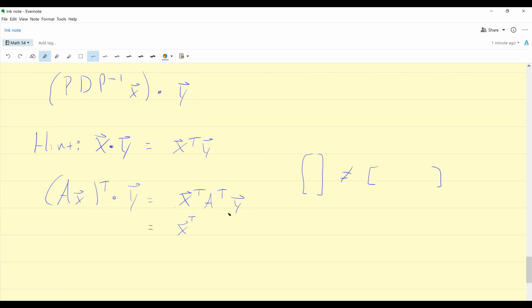But what do we start with A being here? What was the assumption that we made? Oh, it's a square matrix. Not just square, but it's symmetric. So we can replace this A transpose with A, since A is symmetric, A is equal to its transpose.